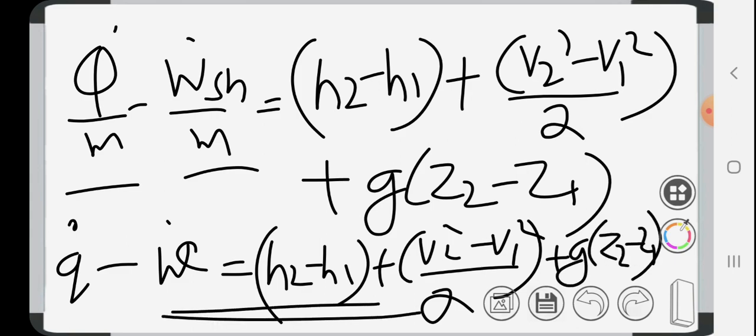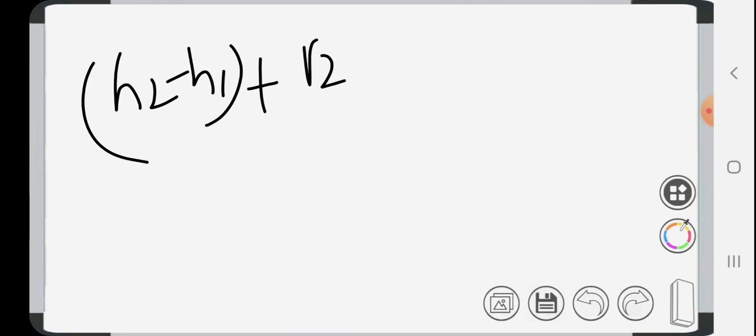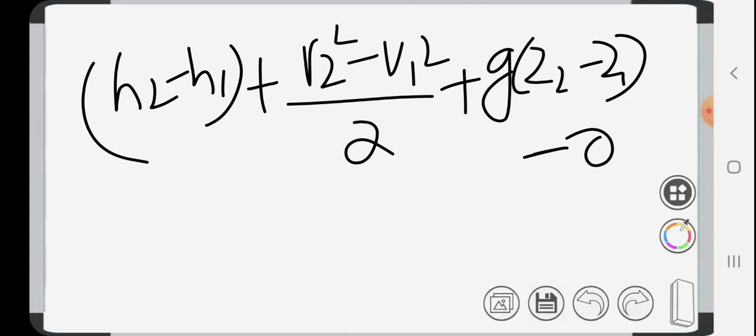So this is the steady flow energy equation. If there is no heat and work transfer, the equation will become h2 minus h1 plus (V2 square minus V1 square) by 2 plus g(z2 minus z1) equal to 0.